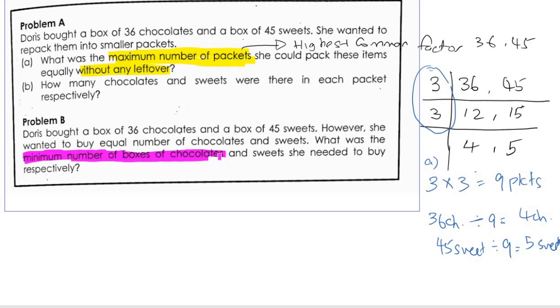When I see this minimum, I know that this is a multiples problem. I'm looking for the lowest common multiple. Just in case you are not familiar with how to look for the lowest common multiple of 36 and 45, we do this the same way.